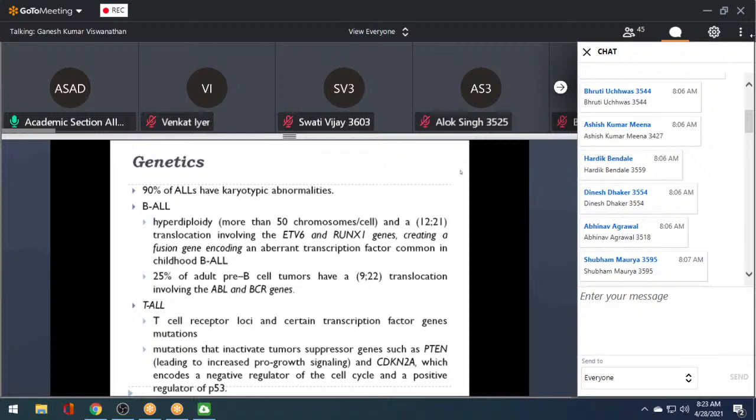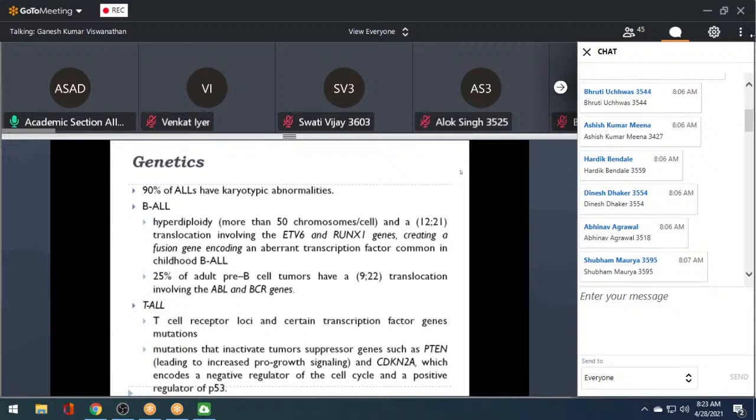And there are certain types of specific translocations and associated genetic abnormalities. For example, translocation 12;21. So it is a translocation between chromosome 12 and chromosome 21. This involves two specific genes, ETV6 and RUNX1. When there is a translocation, there is a specific fusion product.